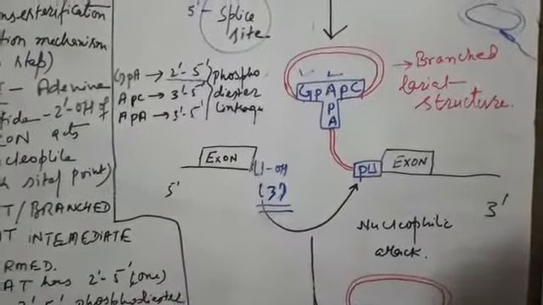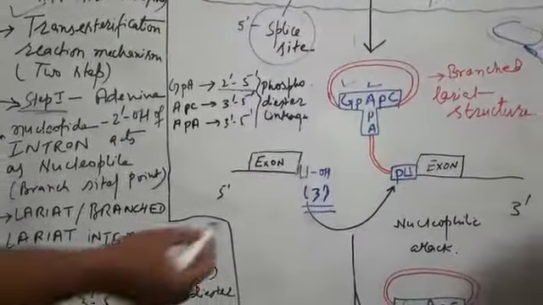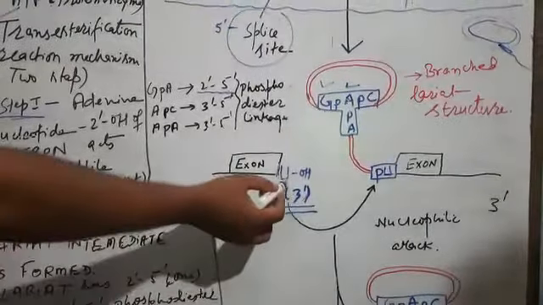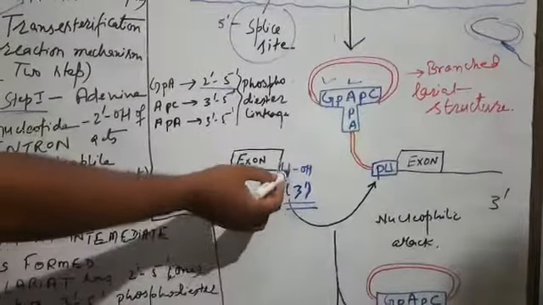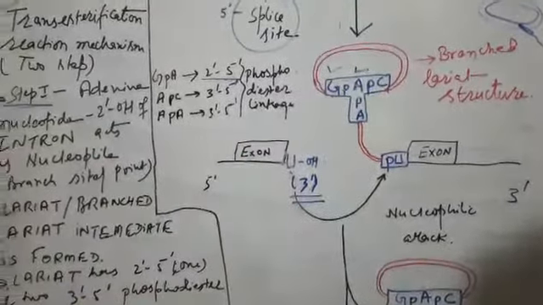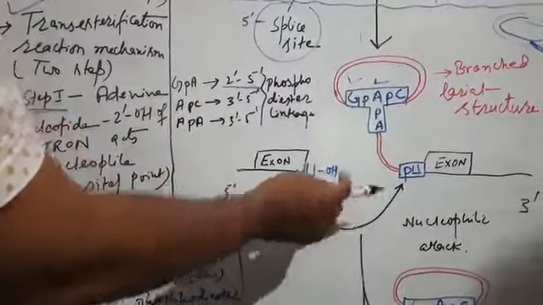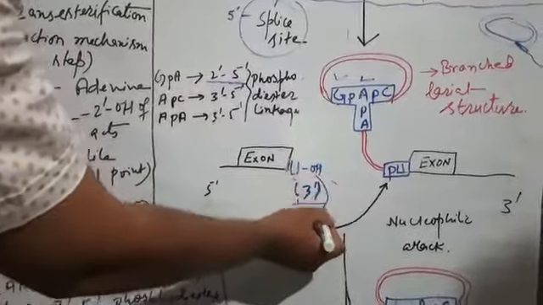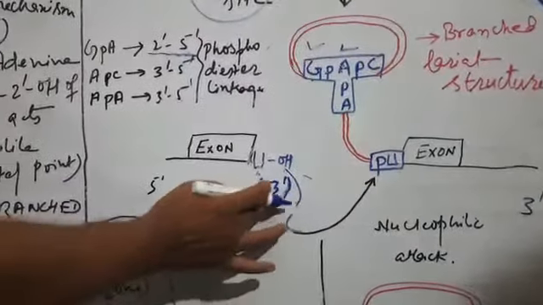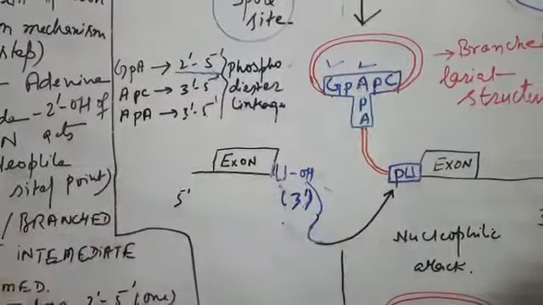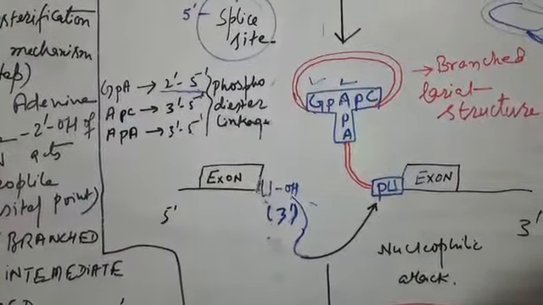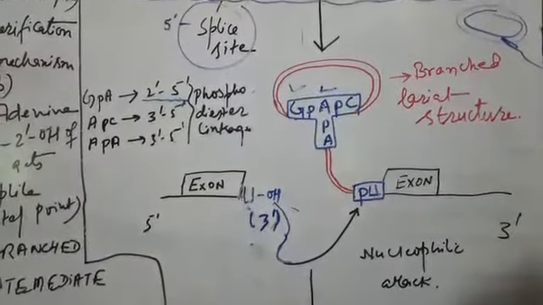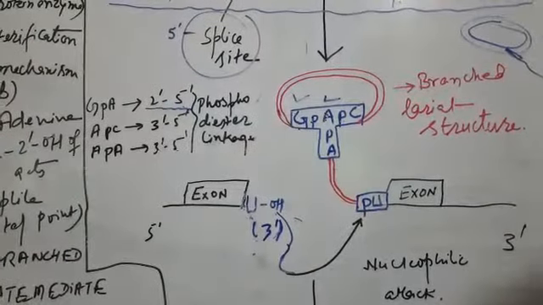The free OH group of the nucleotide, say we have taken a nucleotide containing uracil base, you have a 3 prime OH group, and this 3 prime OH group attacks the phosphodiester linkage near the 3 prime end of the primary RNA.